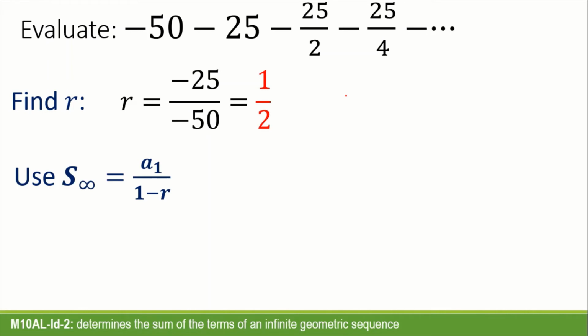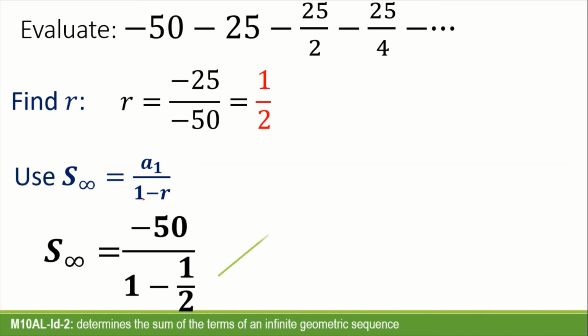Now, let's use the formula. Sum to infinity is equal to a sub 1 over 1 minus r. So, let us substitute our first term, negative 50, in the formula, over 1 minus 1/2. Now, 1 minus 1/2 is 1/2. So, we have negative 50 divided by 1/2.